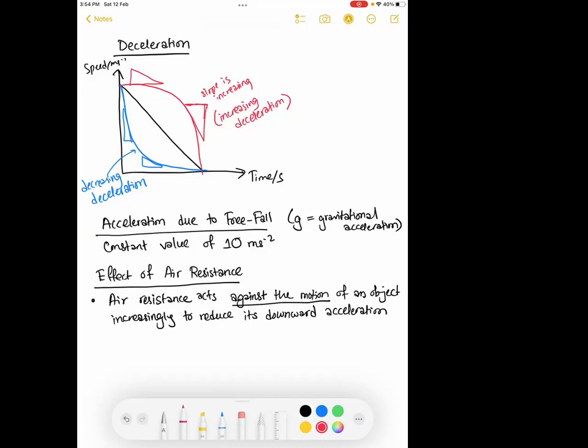I'm going to write it in red. To reduce its downward acceleration to 0. So let's say this is a falling object, just falling with G above. That's where we have our air resistance working upwards.